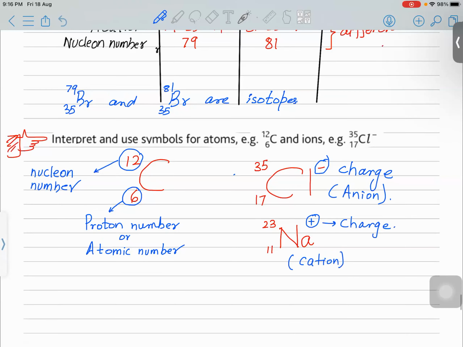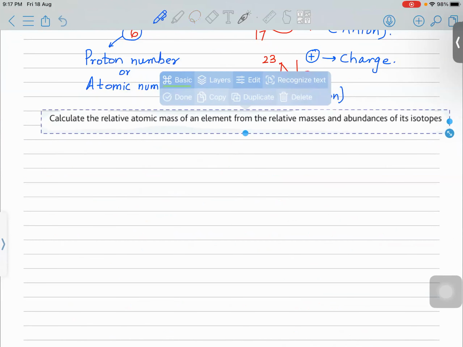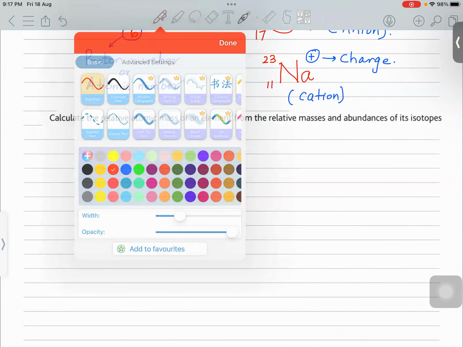Now the last one is calculate the relative atomic mass. Next is relative atomic mass.